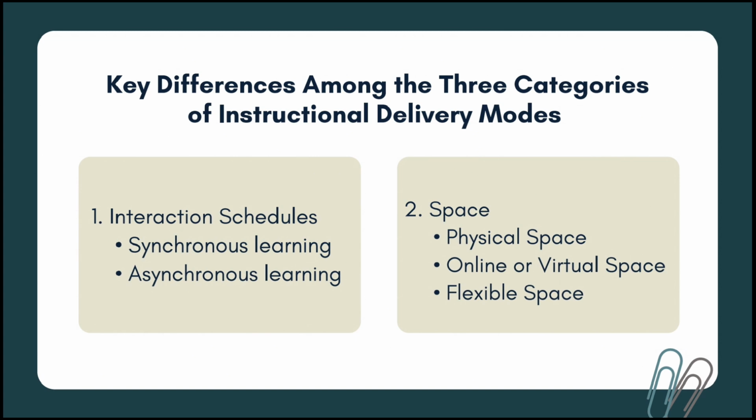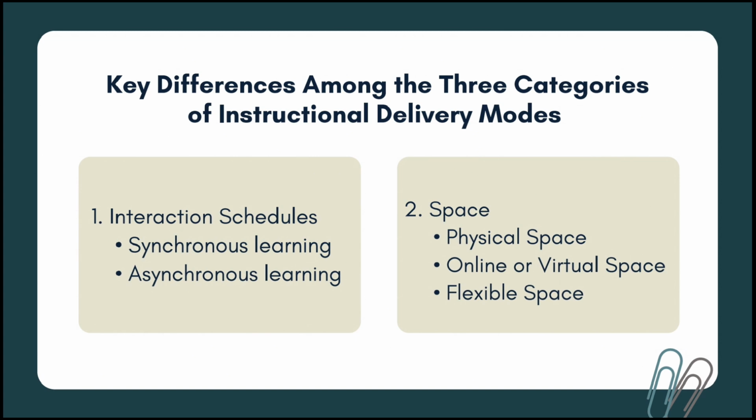Synchronous learning refers to the teaching-learning experience that happens at the same time. You can physically interact with your classmates and teachers. In short, synchronous learning happens through face-to-face class, while asynchronous learning is an interaction schedule that happens at different times. You only have an online interaction with your classmates and teachers.